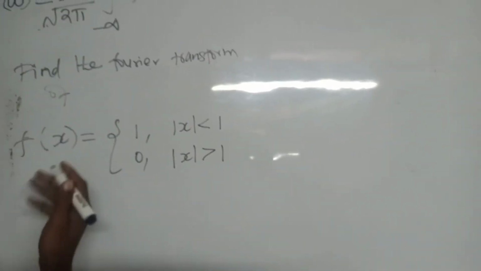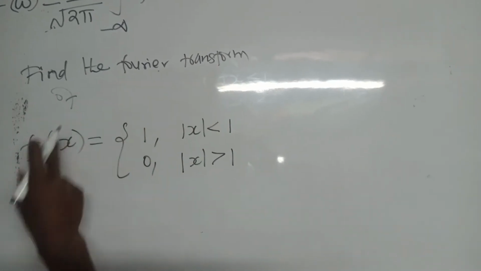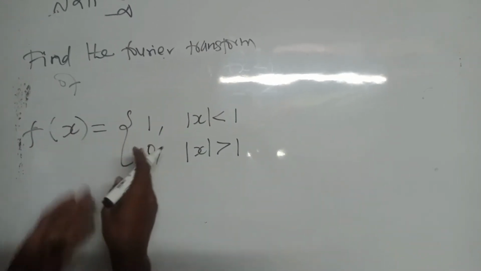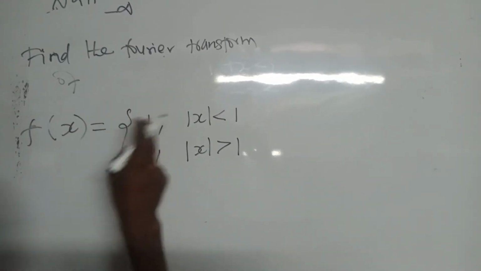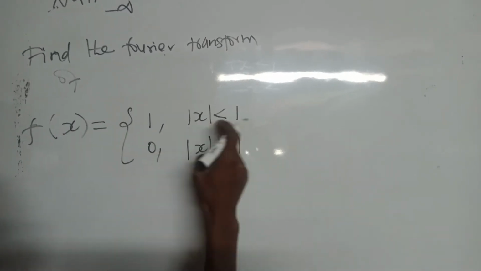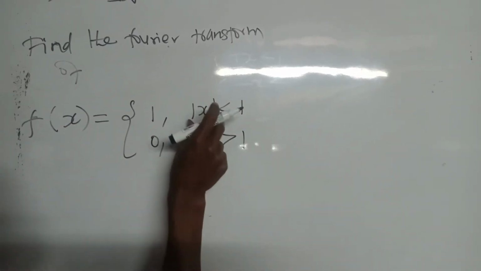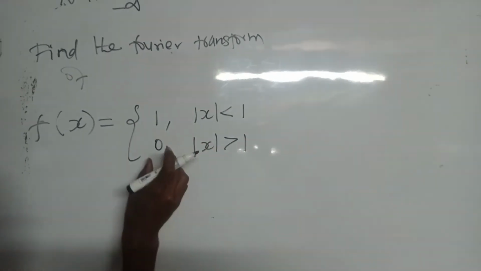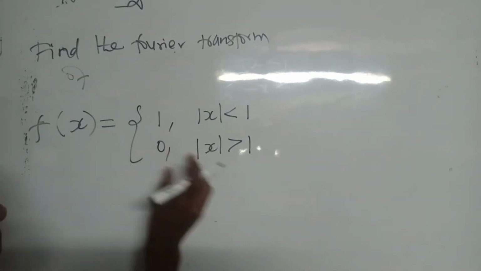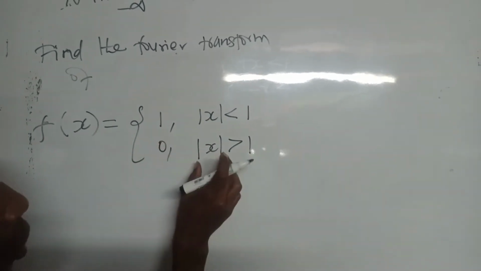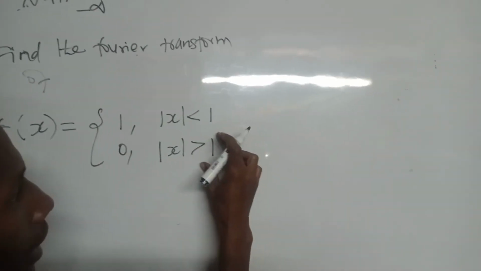So that's our question. Find the Fourier transform of f of x equals 1 for the modulus of x less than 1, and f of x equals 0 for the modulus of x greater than 1.